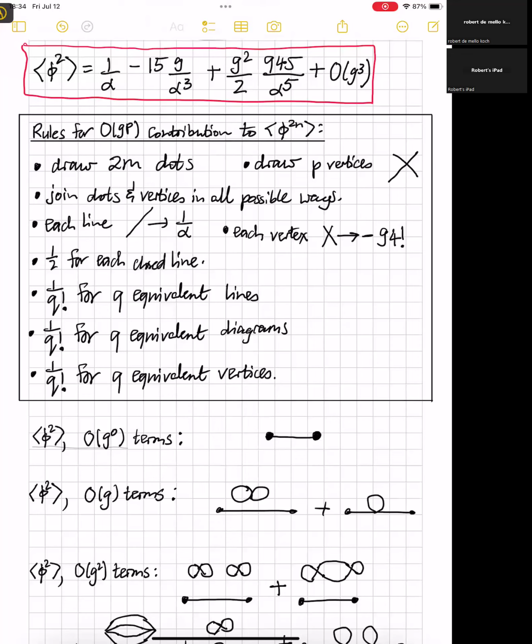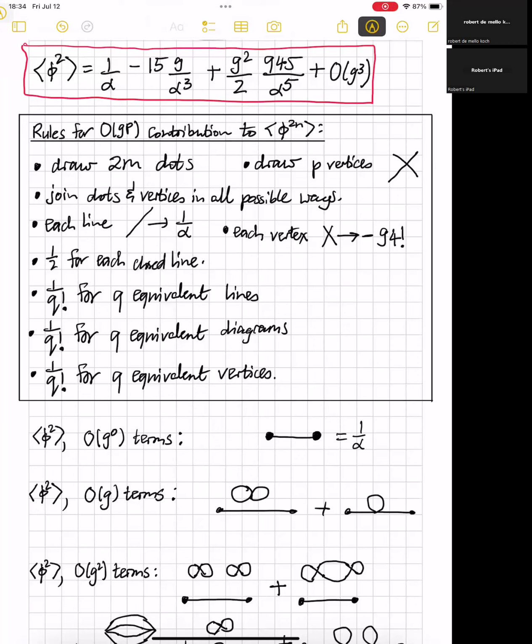Okay, so let's start off with the order g to the naught. If we look at the order g to the naught diagram, there's a single line. So this will be equal to 1 over alpha because we've got a single line. And in addition, there's no vertices, so we don't need to worry about a vertex. There is no closed lines. There's no equivalent lines, no equivalent diagrams, no equivalent vertices.